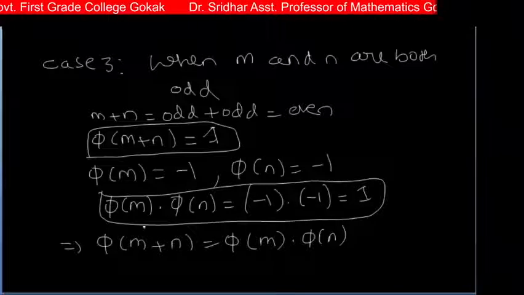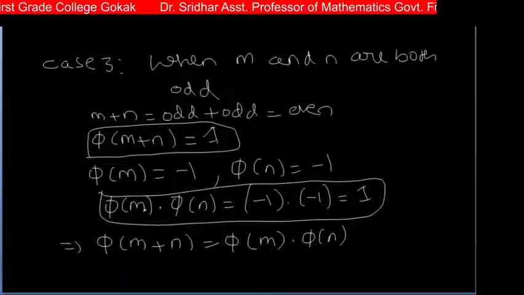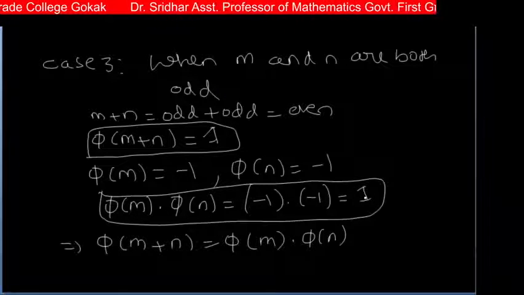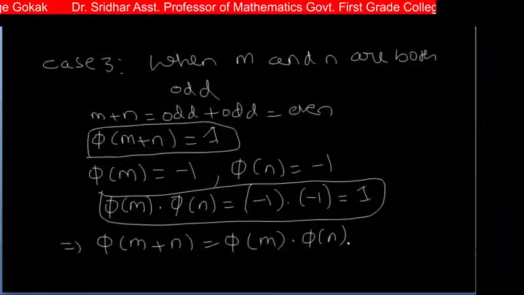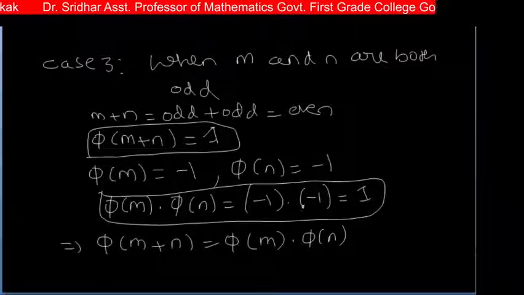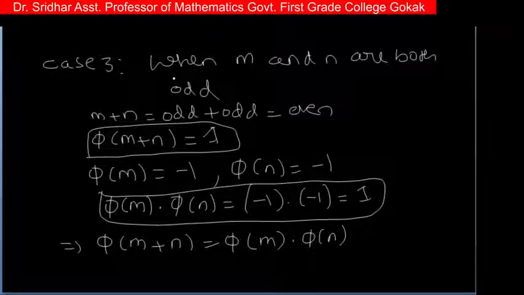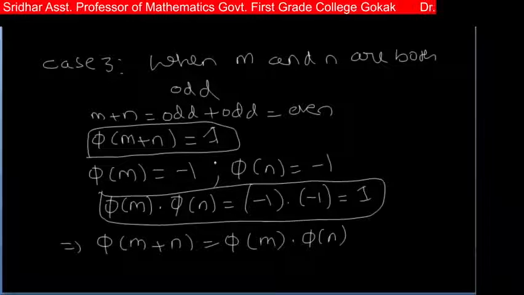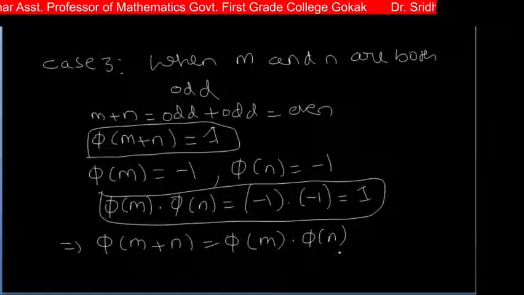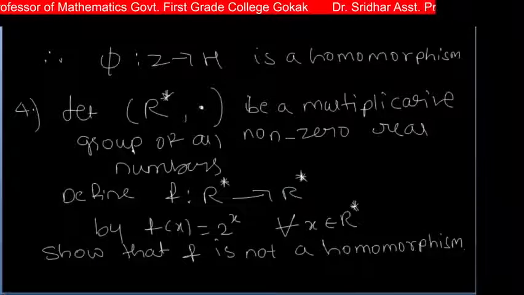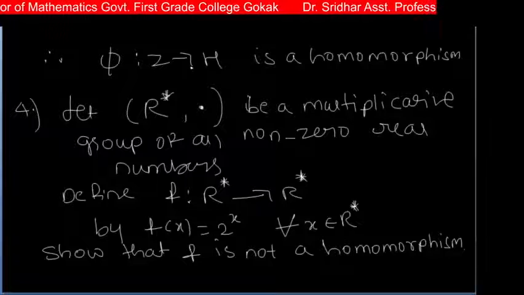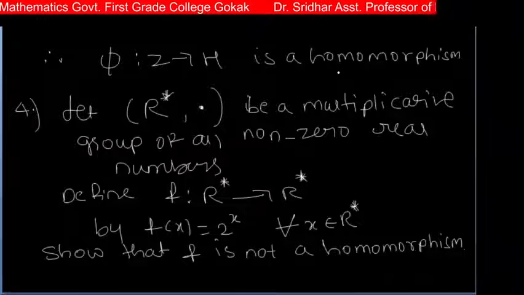So with this we got phi of m plus n is 1, phi of m into phi of n is also 1. From these two phi of m plus n is equal to phi of m into phi of n. So therefore for the third case, that is when both m and n are odd, in that also the condition of homomorphism is proved. So therefore the given mapping, that is phi from Z to H, is a homomorphism.